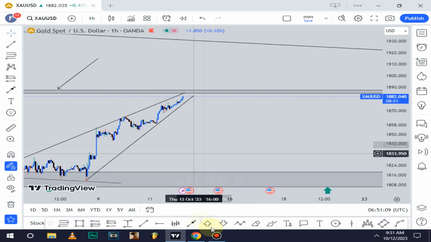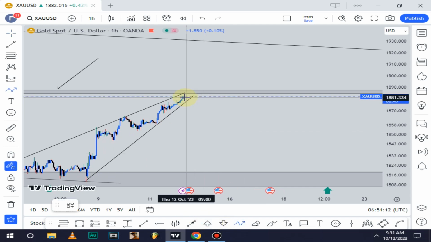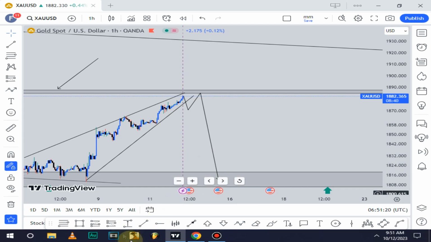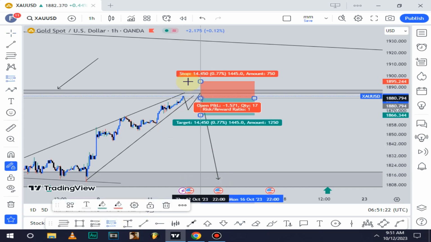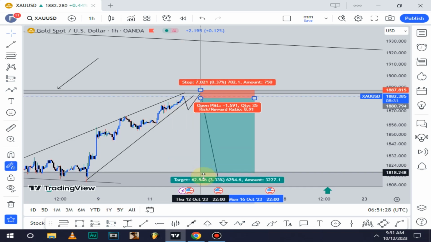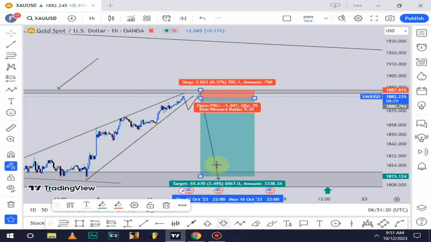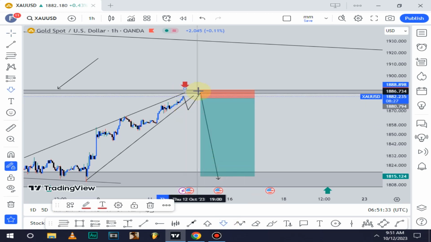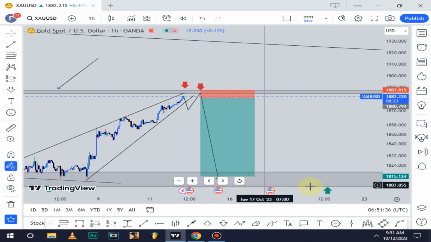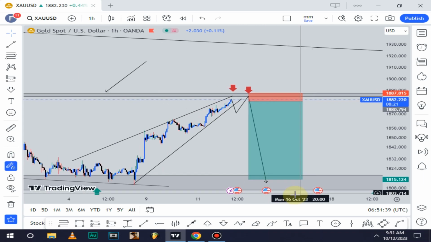I need price to break out of this support over here, just like this, then maybe go back to give us a certain type of reversal, maybe a double top. Then that is how we should make our sell entry decision around that zone, just like that. Probably stop loss above that zone, then now swing this price all the way down. So we need to see price giving us some sort of reversal, either a double top or a head and shoulders, right?